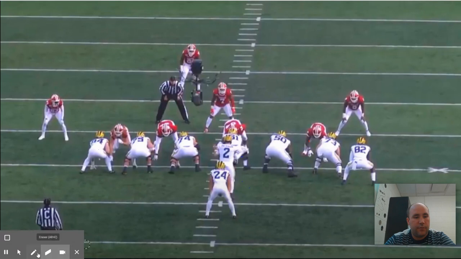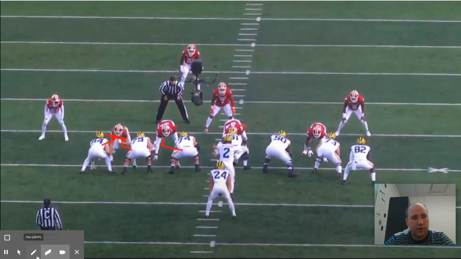Let's look at this from the blocking rules. Let's say we're running zone this way and we got covered, uncovered. Okay. Covered, uncovered. So tight end's going to, he's uncovered, so he could probably double team to that guy. That's another philosophical debate you have. So let's say it's a covered, uncovered.